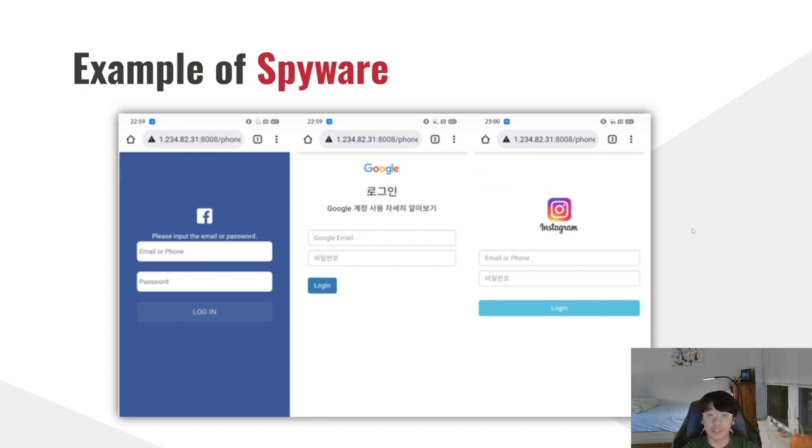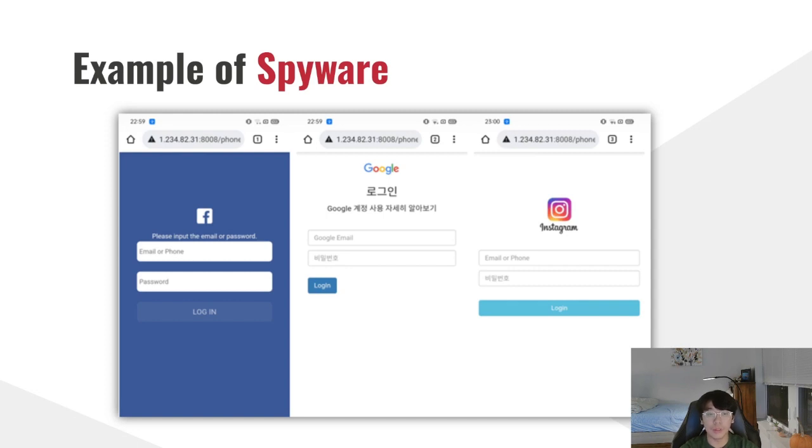So I have a picture here. This picture is currently being spied on with the use of spyware by a hacker. This is just a 3D screen of a Facebook page, a Google login page, and an Instagram login page.